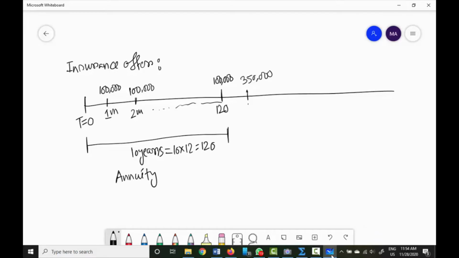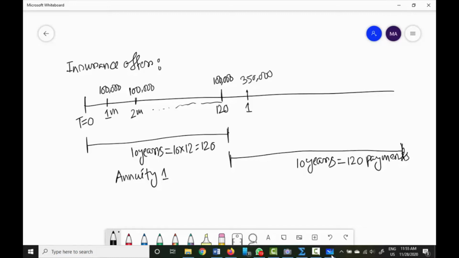Another annuity will start from here to here, again for 10 years, that means 120 months or 120 payments. So after 10 years, a second annuity will start.